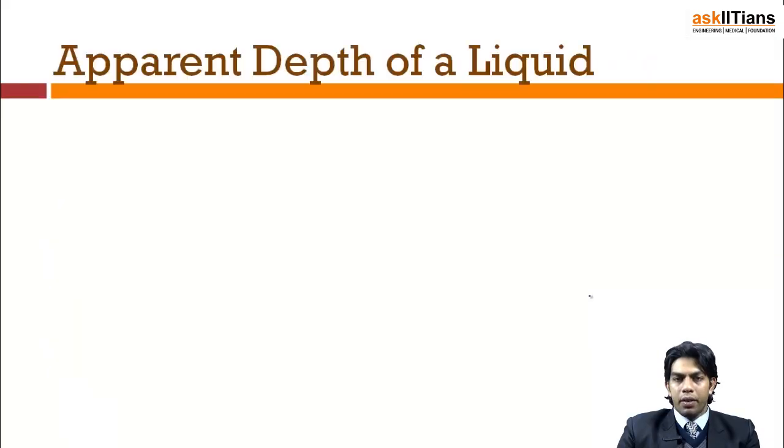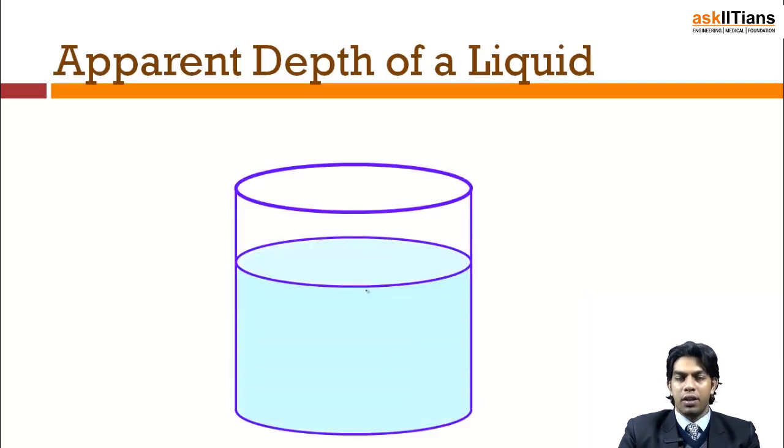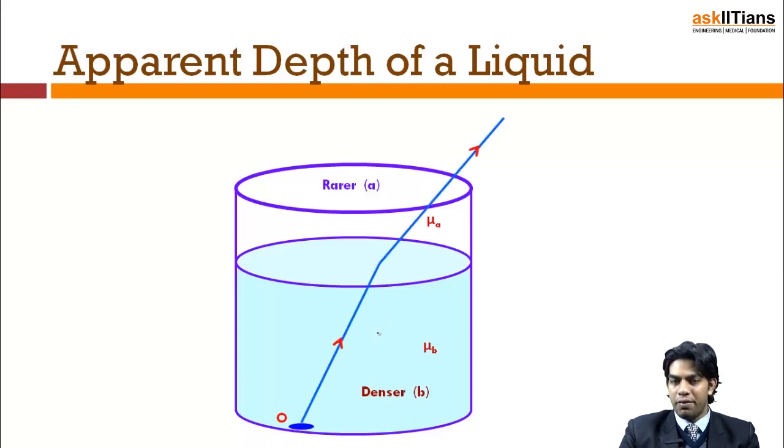So, apparent depth of liquid: a direct application of refraction through the surfaces is the change in the level of the liquid which I perceive. So here's a liquid, and obviously water is a denser medium than air, so I'm looking from the top at the depth of the liquid, trying to locate the bottommost point of the liquid in the container. So the light comes in and gets refracted.